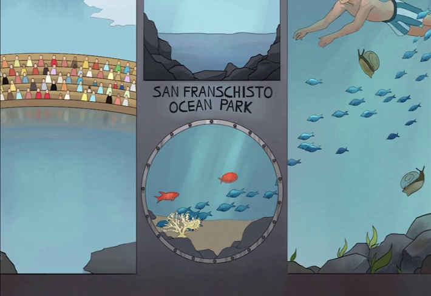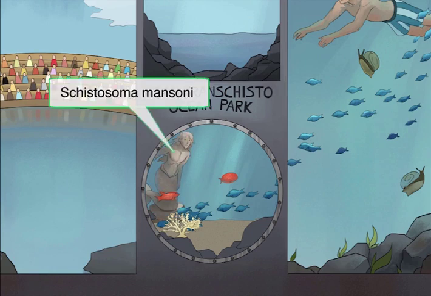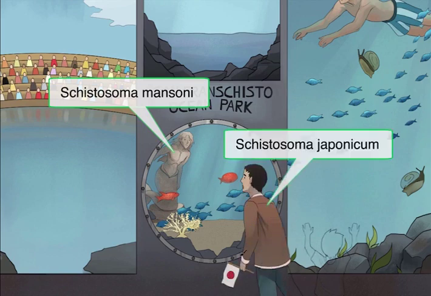Well, to keep things a little more PG, let's go with Man and Japan. So both of these flukes like to reside primarily in mesenteric veins. Mansoni will be illustrated by this statue of Merman back here, and Japonicum will be represented by these Japanese tourists looking in. See the Japanese flag that the tourist is carrying?